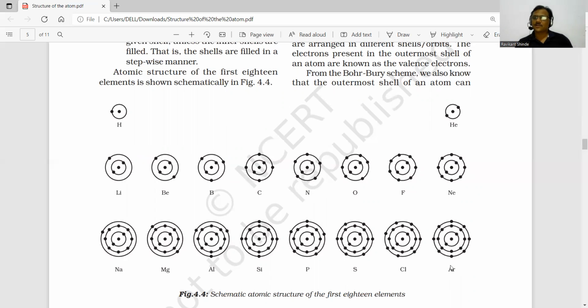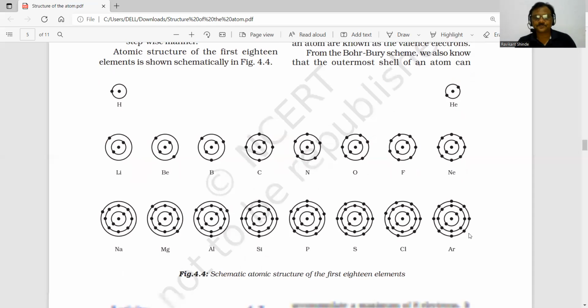And again, look at argon. No doubt the electron occupying capacity of the third shell is more, but they have only 8 electrons in the outermost orbit. That means many elements complete the octet in the valence shell, that means 8 electrons in the valence shell.